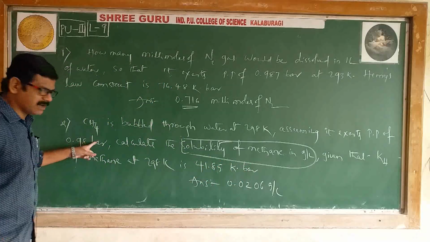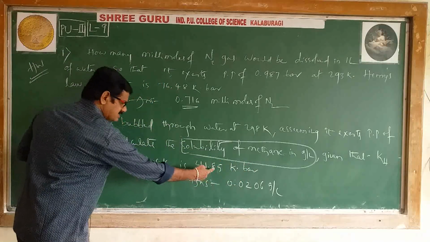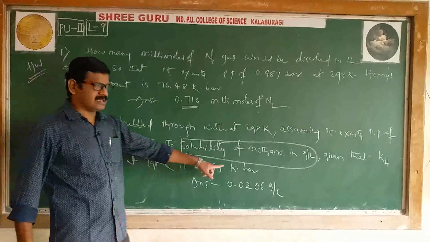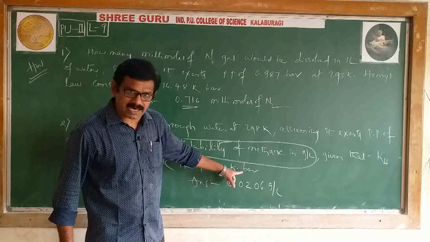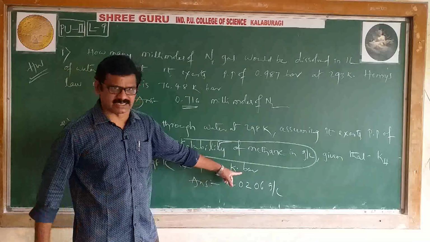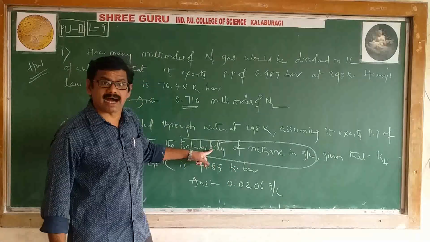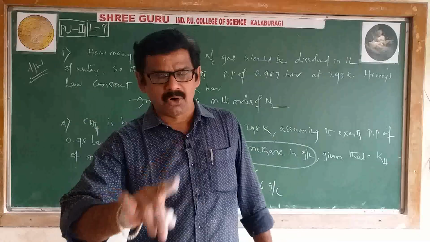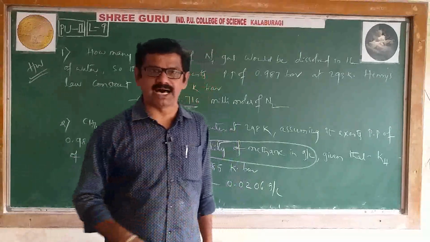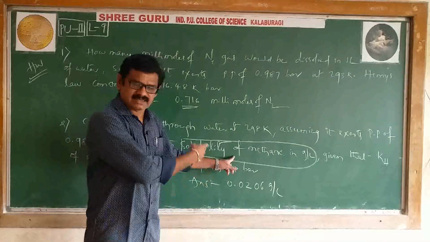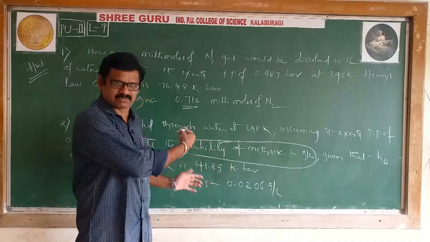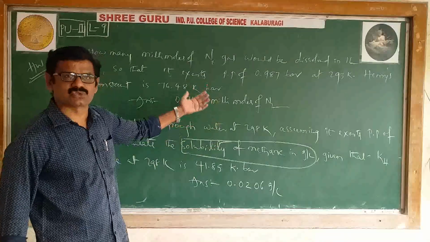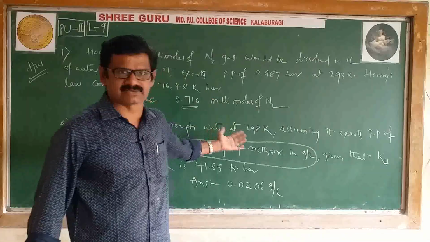Here bar is there, here kilobar is there; what we have to do is already known to you, because we have to convert kilobar into bar just by multiplying with 1000. Again it is asking a mass only. For mass we need moles. Moles, if you multiply with molar mass, you will get mass. This type of question we have also solved previously. Please go through that question and solve this one.